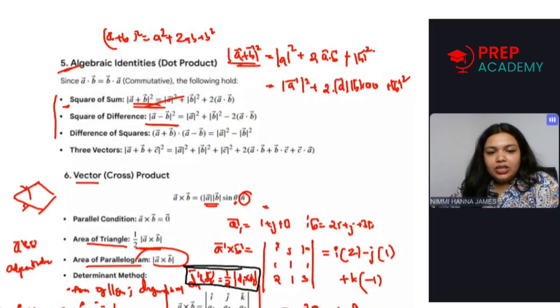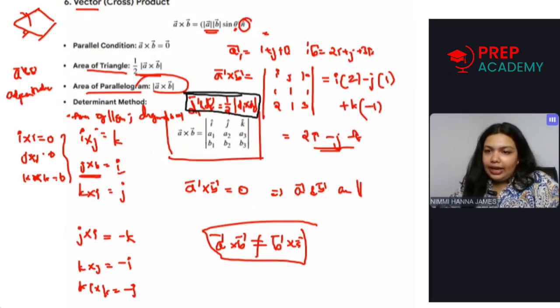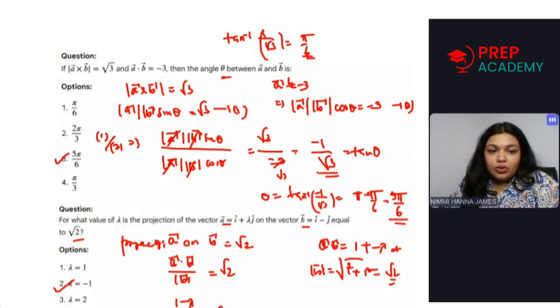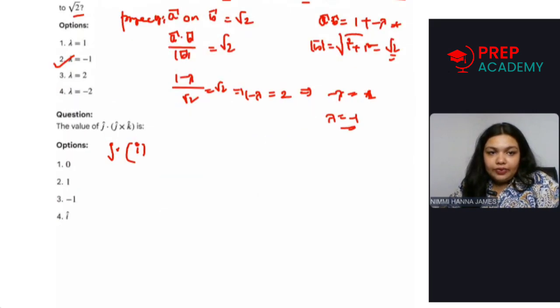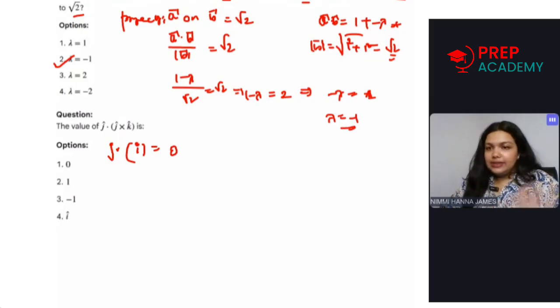From the definitions, j cross k is i, since after j and k the next element is i. Now j dot i is 0, because only i dot i, j dot j and k dot k are 1. All others are 0. So the final answer is 0.